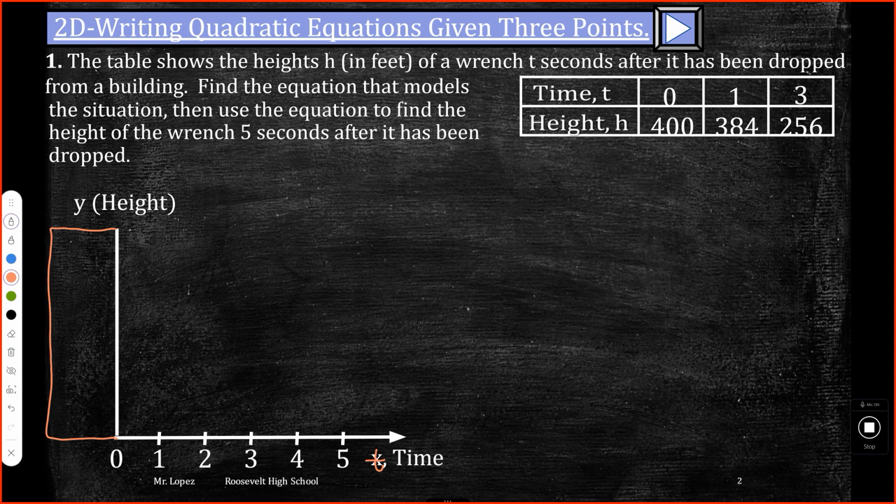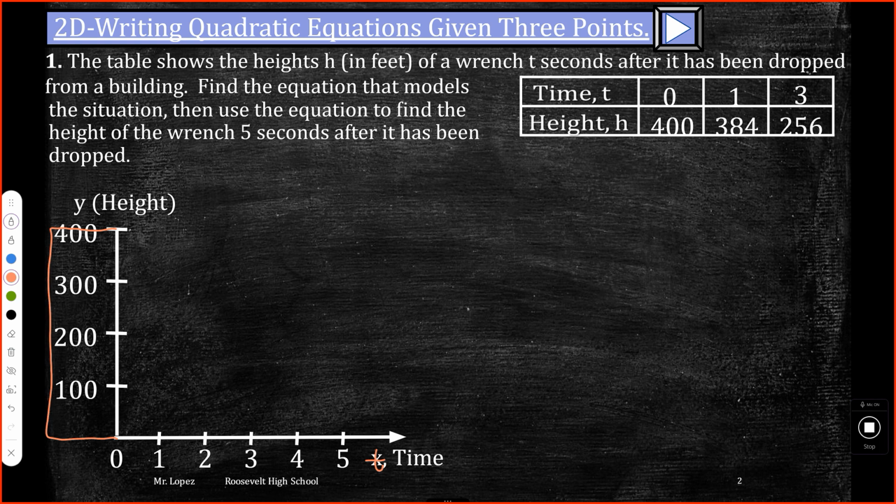How do I know that the building is 400 feet tall? Because at time equal to 0, that's where the wrench is at, 400 feet. So let's put 400 up there, and break it down into half of 400 will be 200, 300, 100. This is a good breakdown of the height of the building.